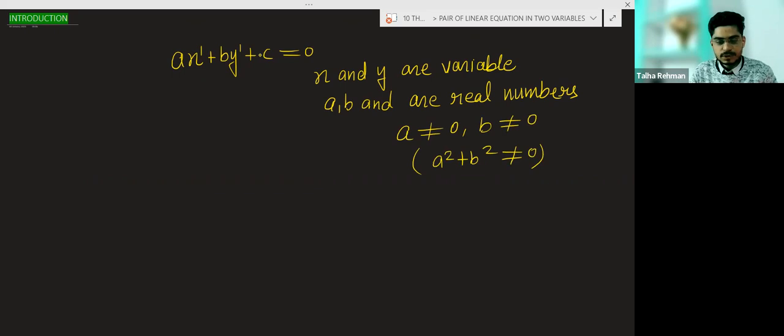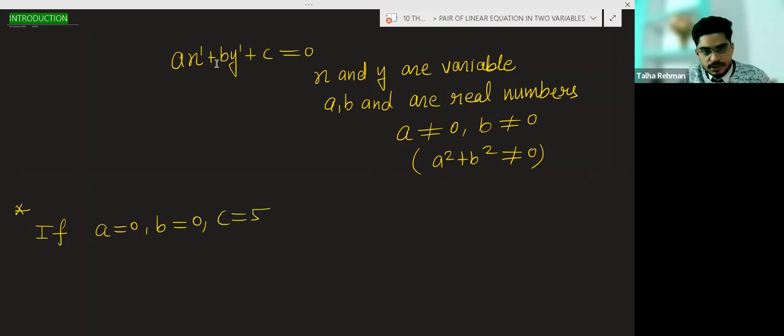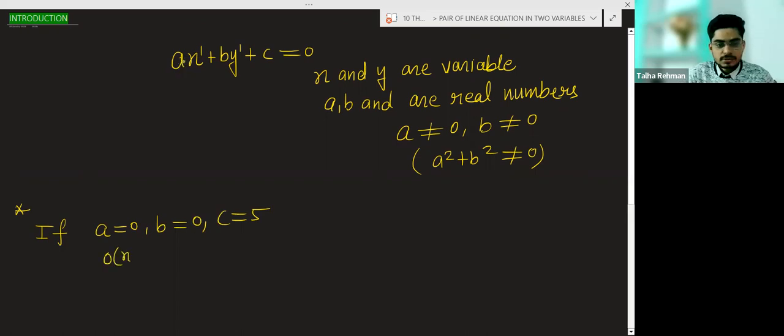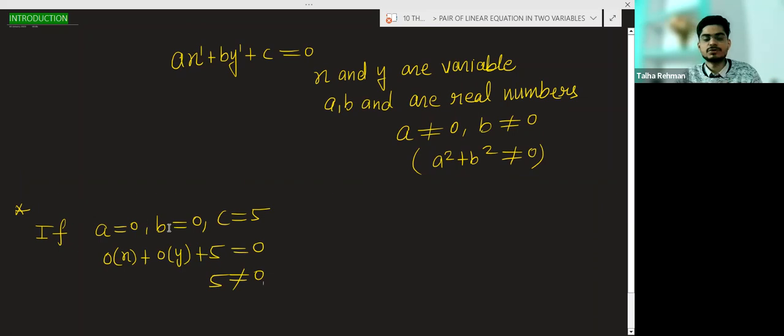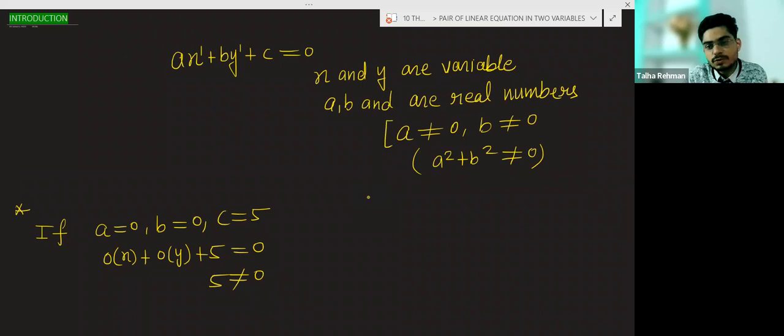For example, take a is equal to 0, b is equal to 0 and c is equal to 5, and put in this equation. It will become 0 into x plus 0 into y plus 5, that is equal to 0. Can 5 equal 0? Never. That is why a and b simultaneously cannot be equal to 0.